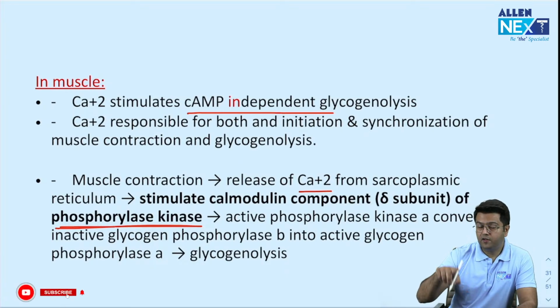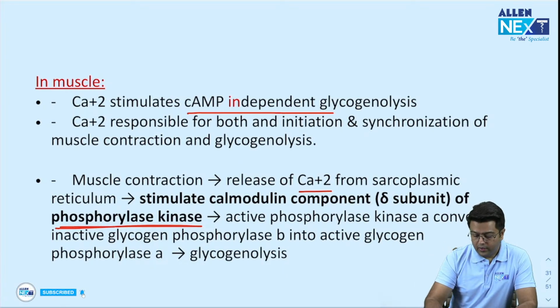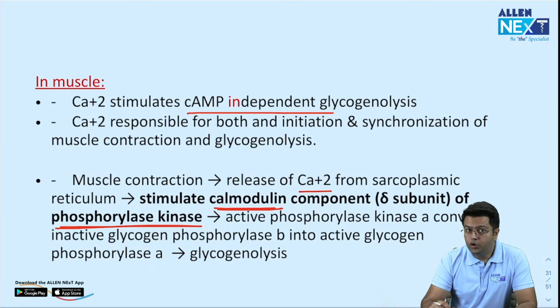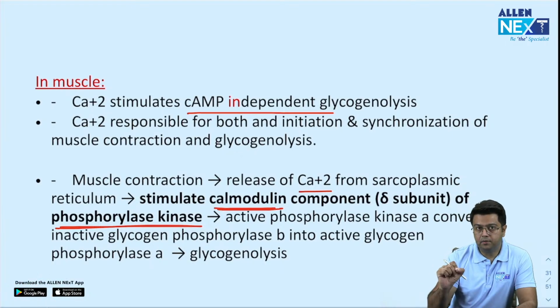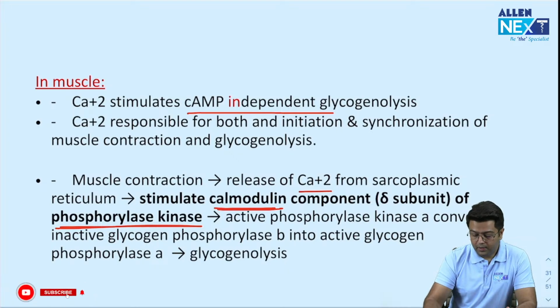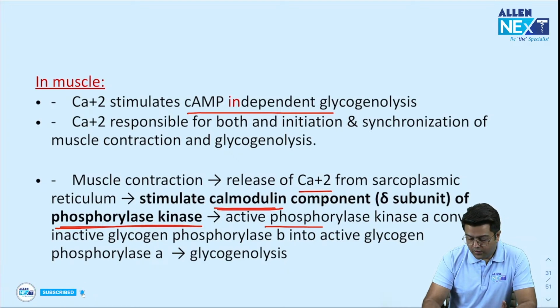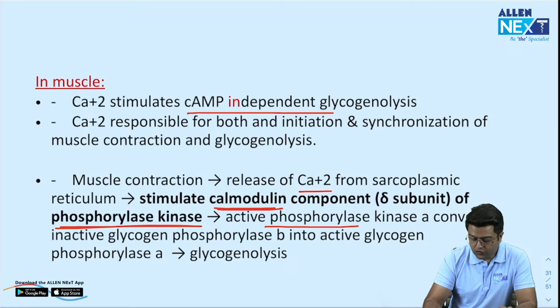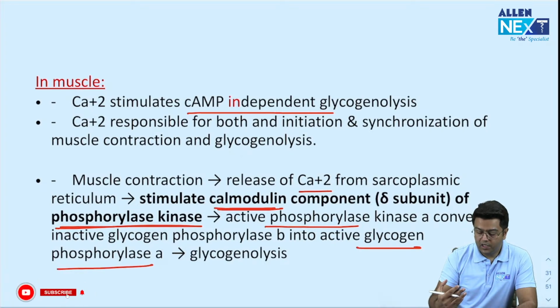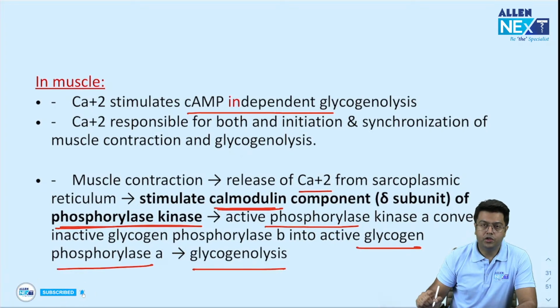So there is one more kinase here, phosphorylase kinase. That is actually a calmodulin because it binds calcium. This you must remember. It activates phosphorylase kinase, and phosphorylase kinase activates glycogen phosphorylase by phosphorylation, and this causes glycogenolysis.